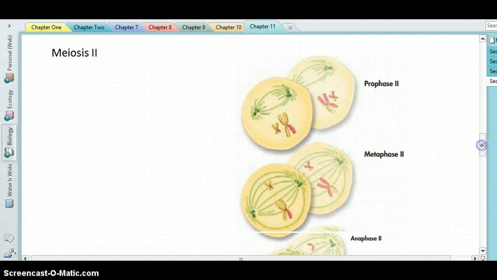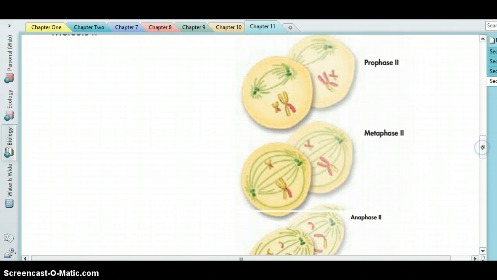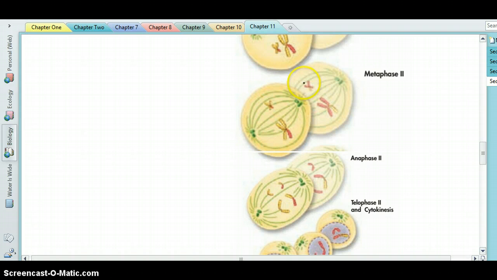Now, meiosis 2 is a lot like mitosis. We're going to take these 2 cells and divide each of them. And so in prophase, again, the nucleus breaks down, the centrioles split in 2 and go to opposite ends. The spindle fibers attach to the duplicated chromosomes. During metaphase, we line up those duplicated chromosomes.